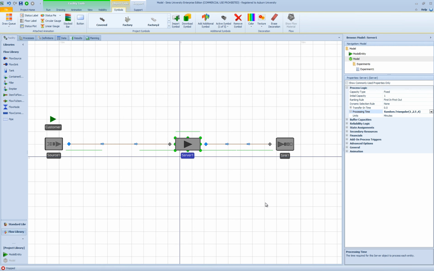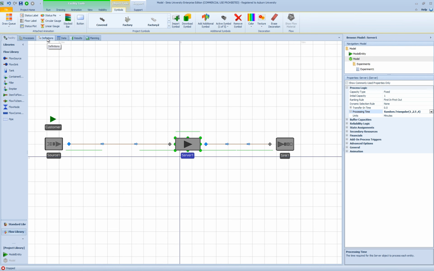And now, since the only modification that I made after I verified my model was changing the processing time back to its original value, I can still be certain that my model is still verified, at least as long as I don't make any mistakes in putting the parameters of my triangular distribution in my model.